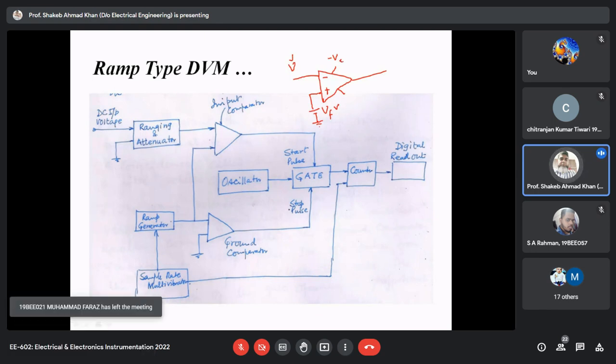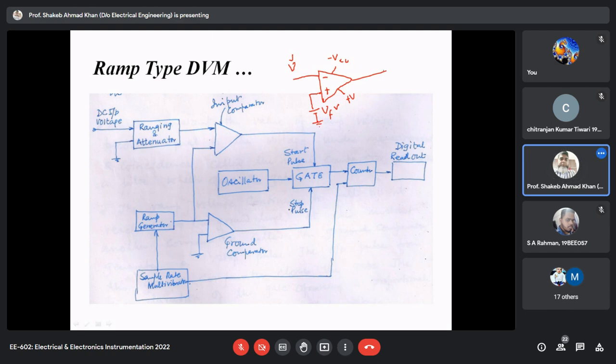Your operational amplifier always requires these supplies, irrespective of its application. The reference voltage we are applying on the non-inverting terminal, and the unknown voltage we are applying on the inverting terminal.